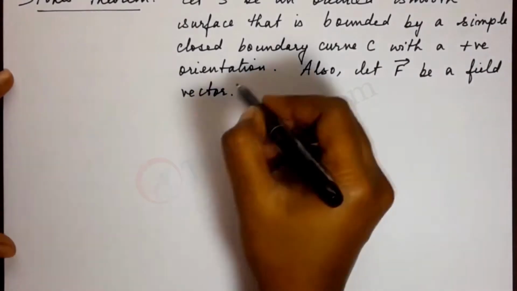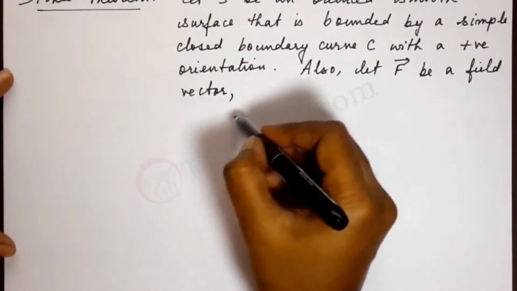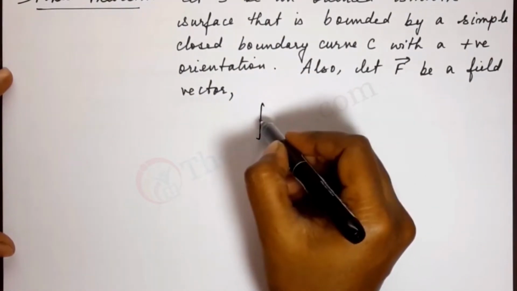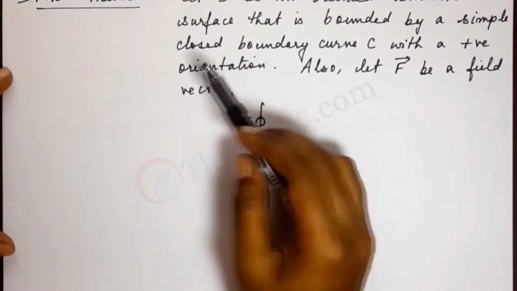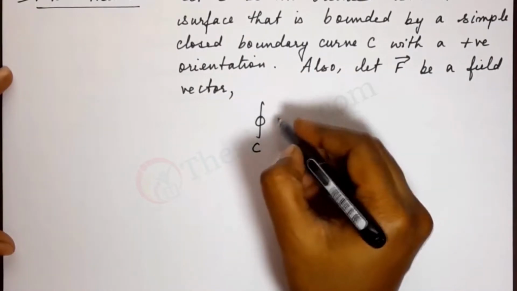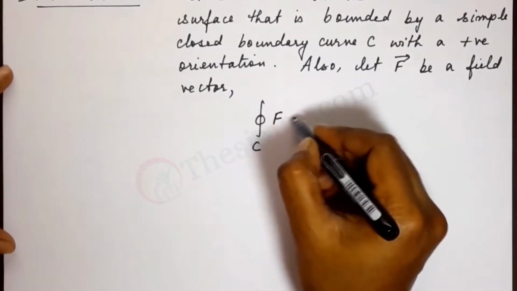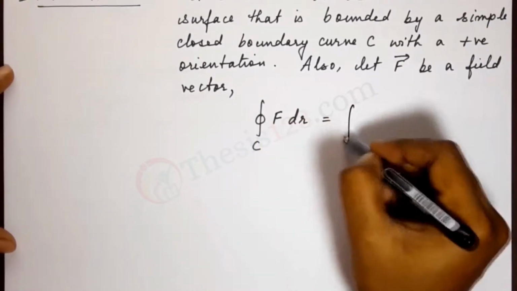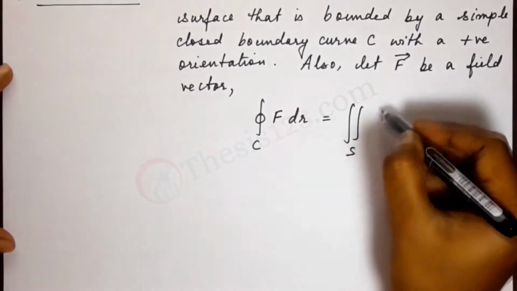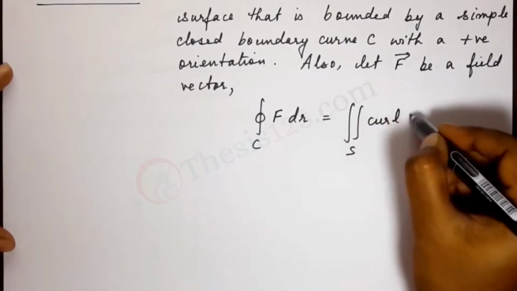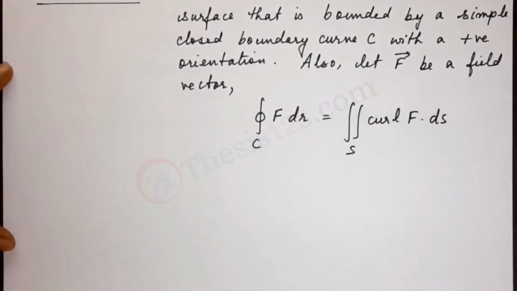Now, in this case, here we have a closed integral C. Now, this is our closed boundary curve C of the field vector F dr equals to the surface integral of the curl of F ds.